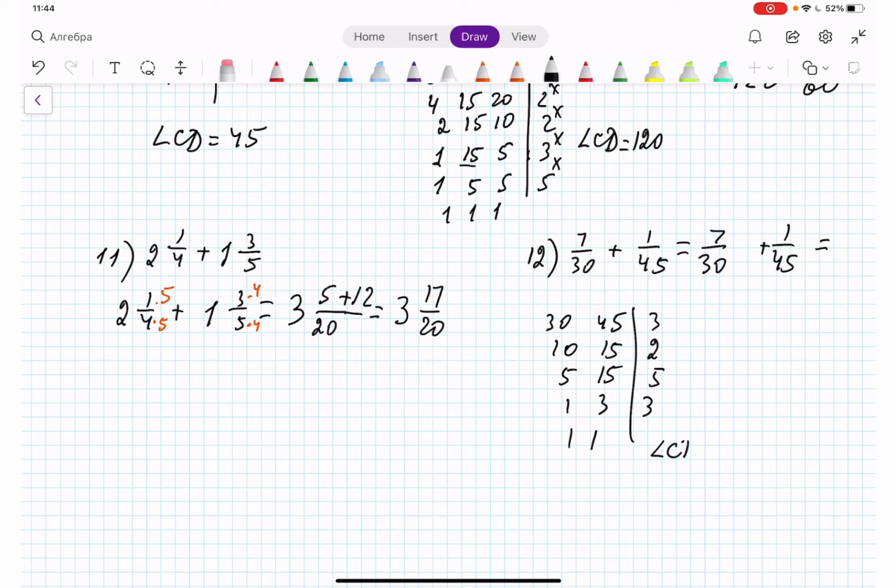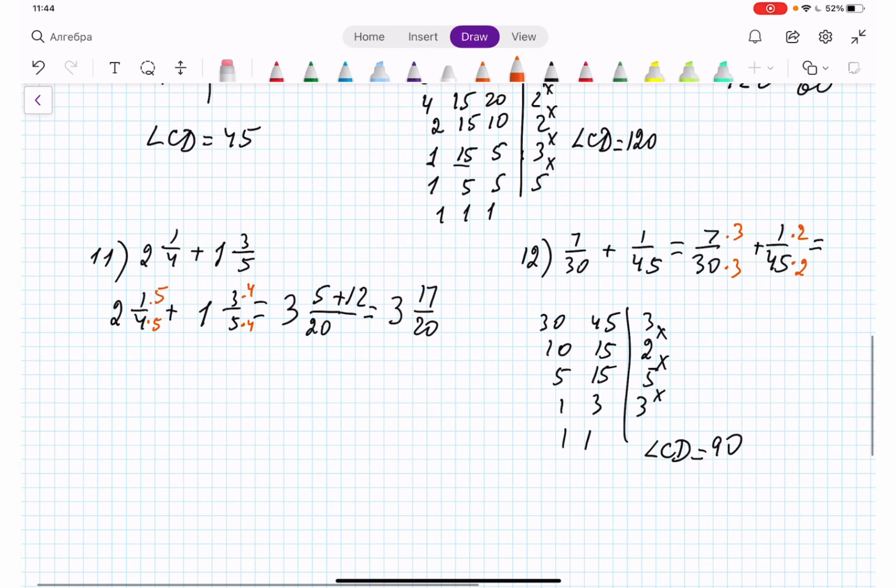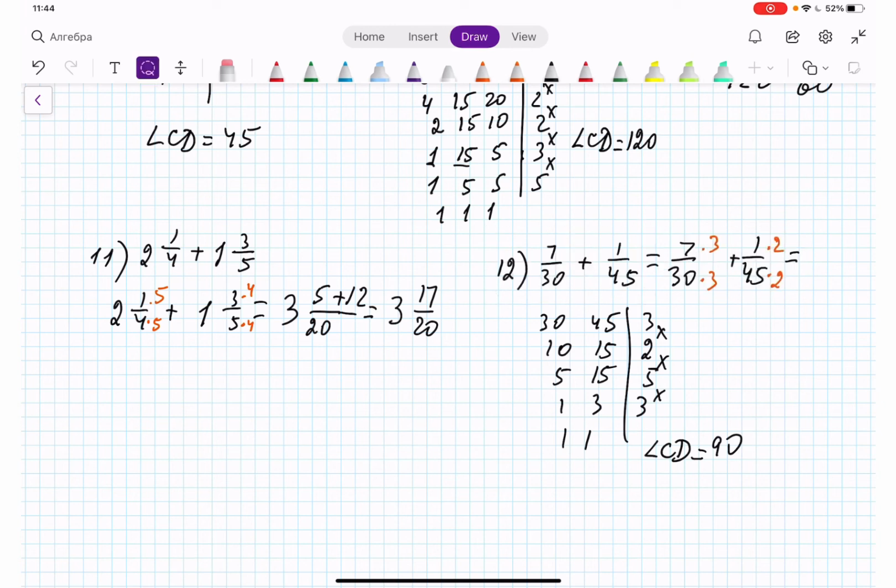So LCD is equal 6, 30, 90. So common denominator is 90, multiplying this by 3 to get 90. This is by 2 and 2 to get 90. And the answer is going to be over 90.